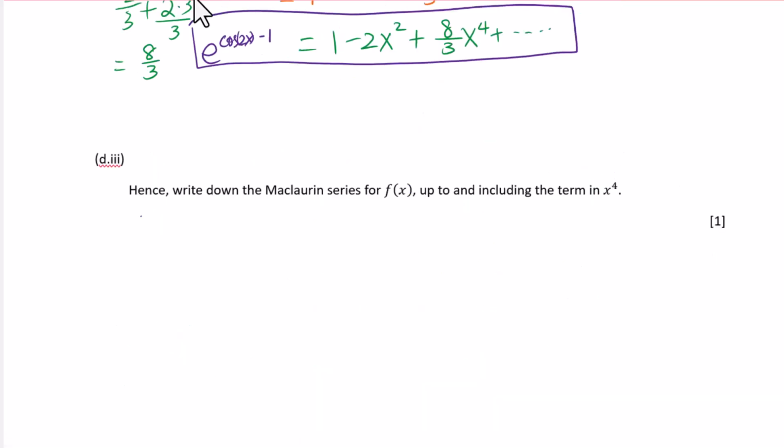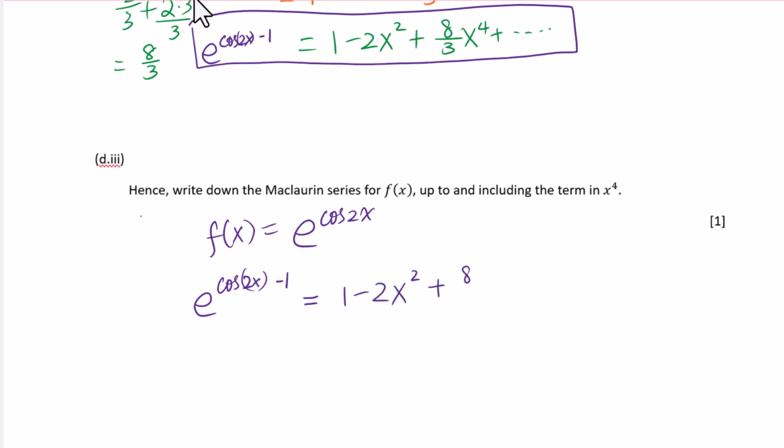D3, hence write down the Maclaurin series for f of x. We do know f of x equals e to the power of cosine 2x. We do know e to the power of cosine 2x minus 1 equals 1 minus 2x squared plus 8 over 3x to the fourth power, and so on.